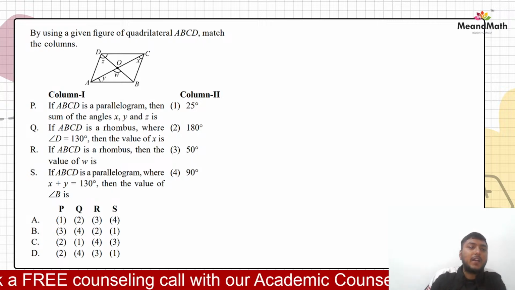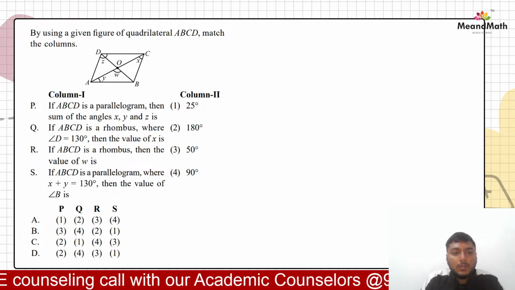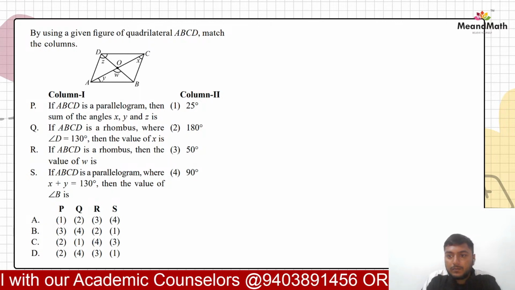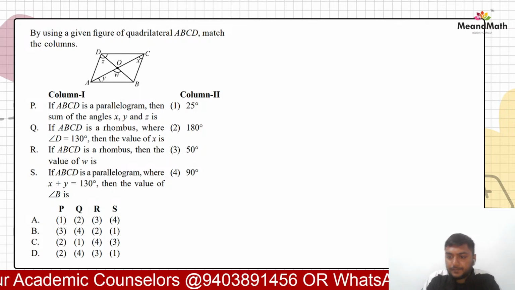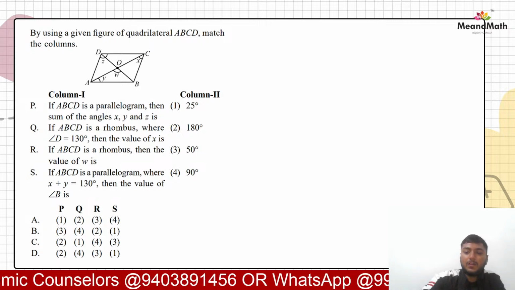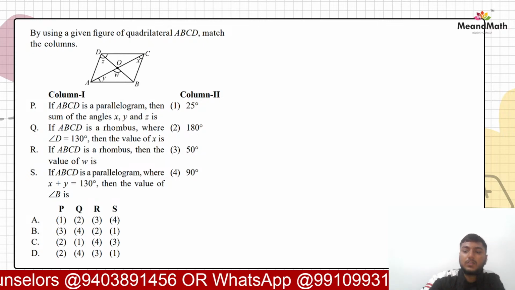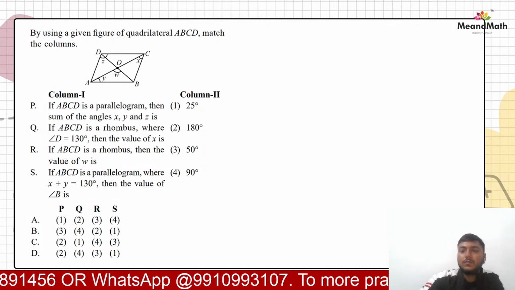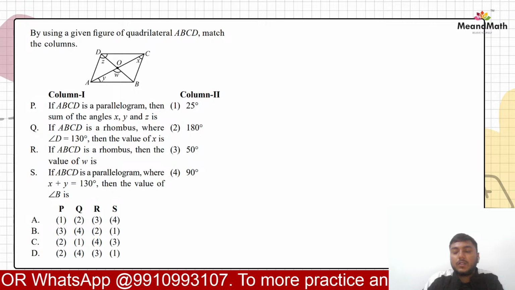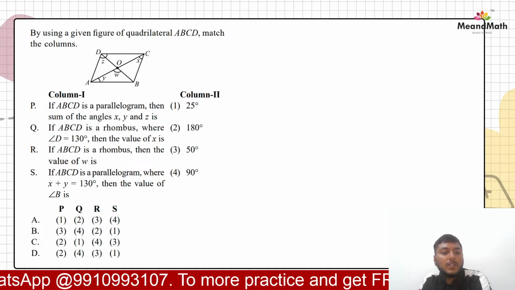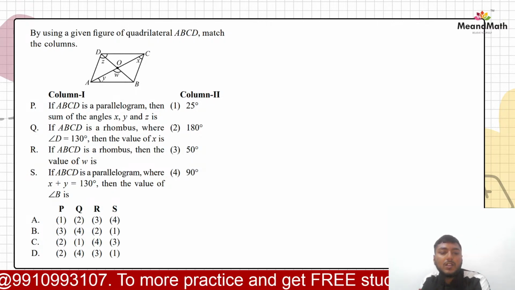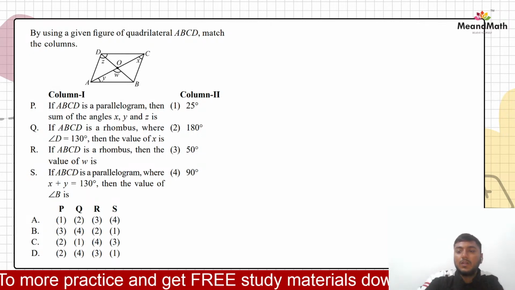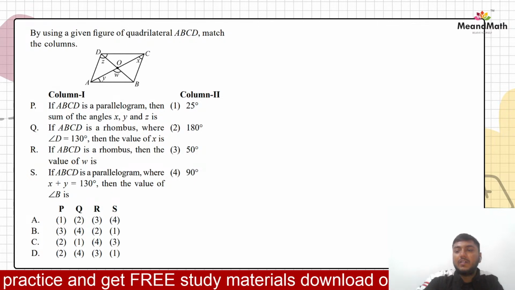So what should be the solution for this question? We have option A, option B, option C, and option D. What should be correct?